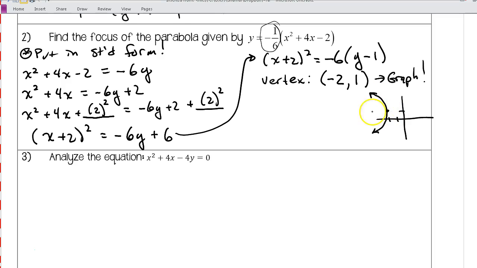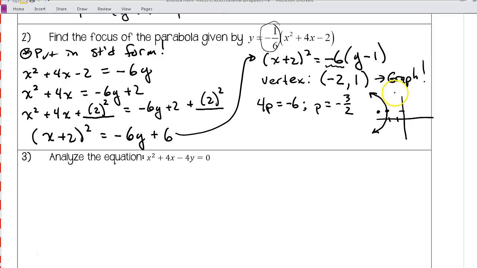So I know that my focus is going to be somewhere in here. The next thing, this value here is 4p. So I know that 4p is equal to -6, which means that p, divide both sides by 4 and reduce, is going to be -3/2.